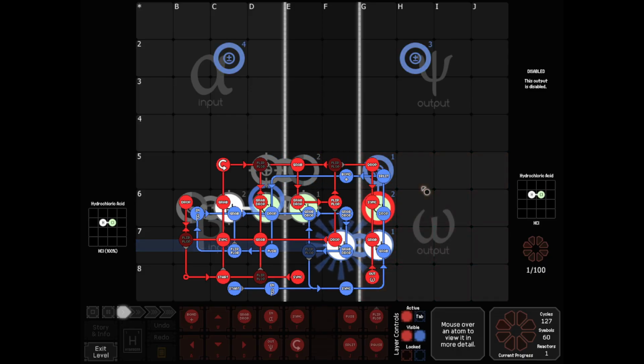We are forced into some complexity by the fact that if we output the hydrochloric acids on G4, G5, we cannot output from G4, G5 because G4 is not in the output zone. So if the output zone were one tile higher, it would be possible, and there would be little complexity in the output.